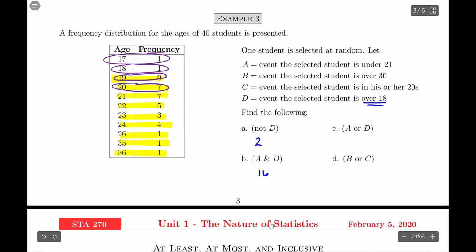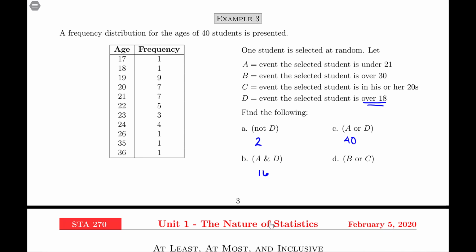And so that actually ends up being all 40 students selected, because every student in there is either over 18 or under 21. The and is what they share in common. The or would be everybody that's under 21, or it could be everybody that's over 18. So even the students that are in their 30s would fall into that category of being over 18.